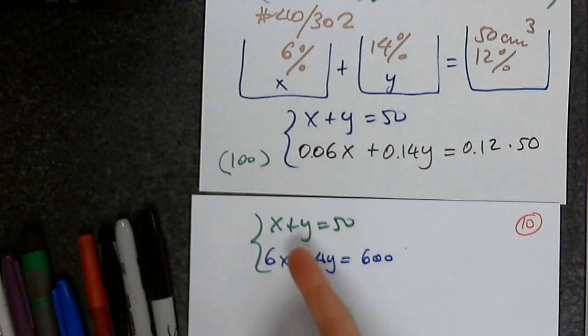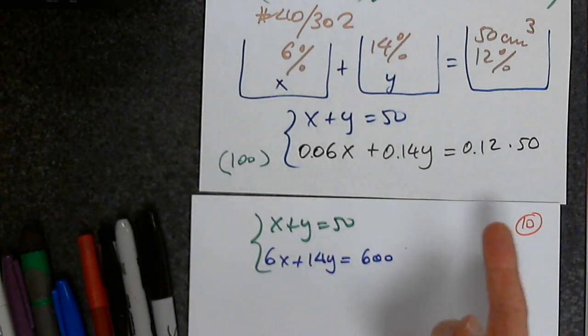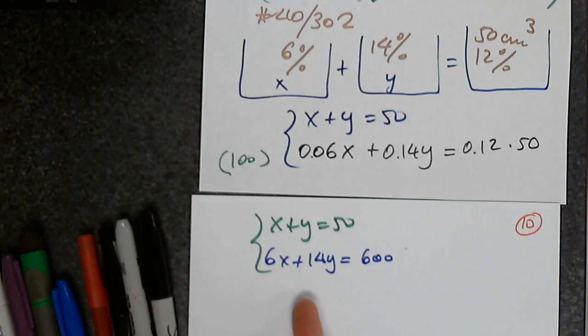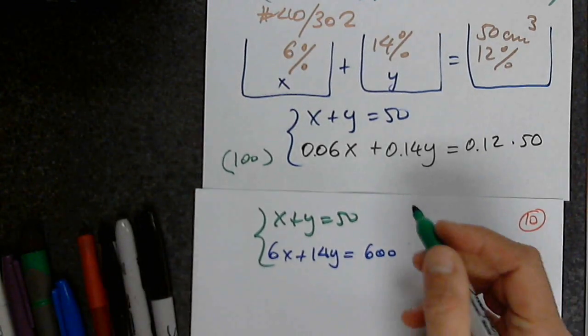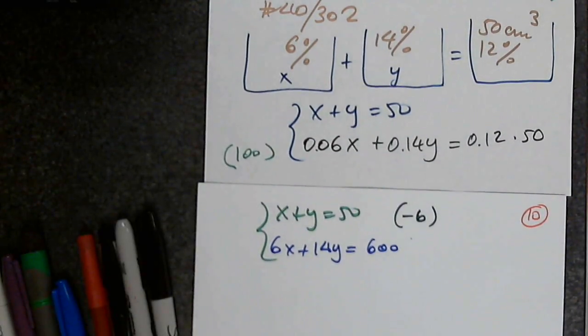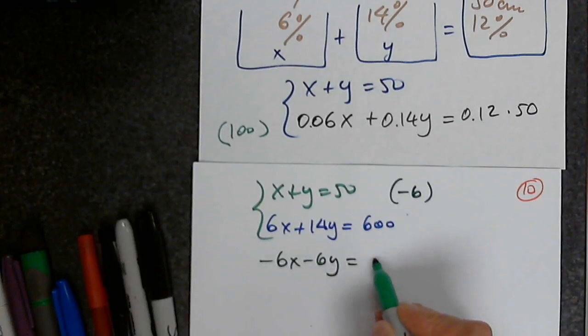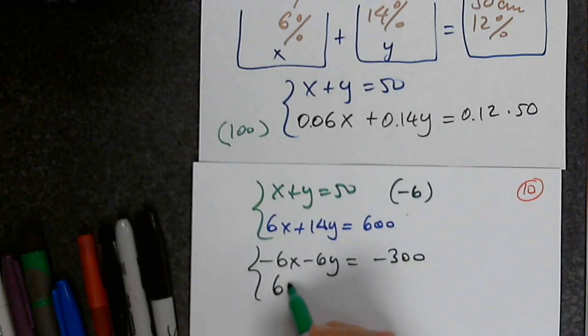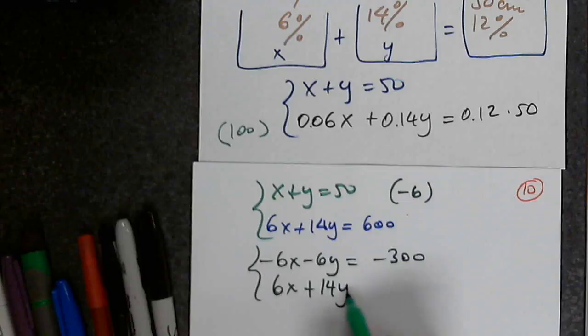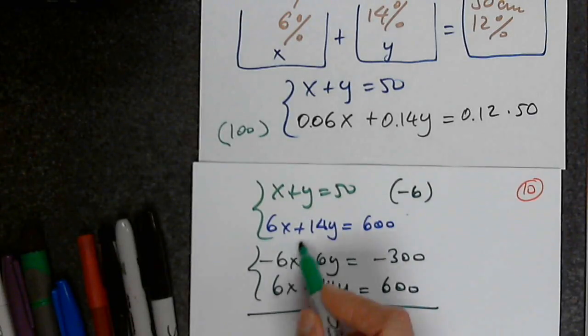So I copied the first equation and multiplied the second one, both sides by 100. And yes, you can divide by 2 and so on, but it's the same thing if you multiply the first one by -6. So -6x, -6y equals -300, and 6x plus 14y equals 600.